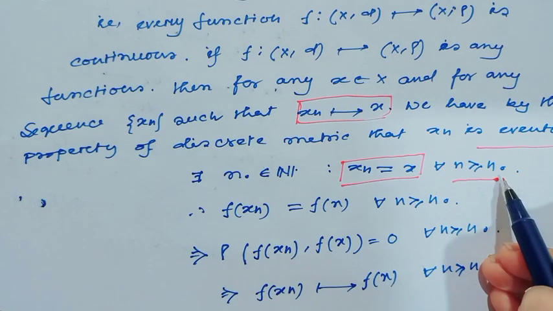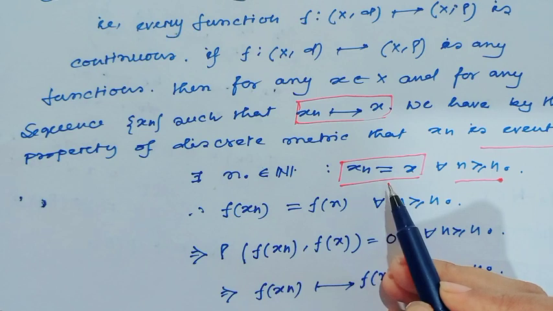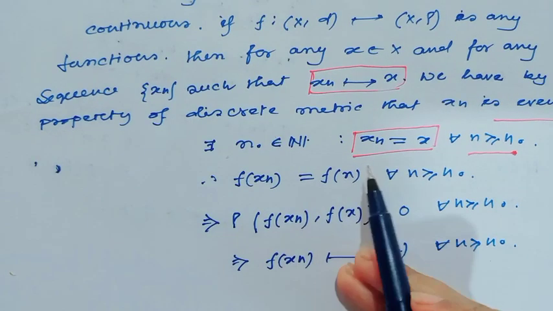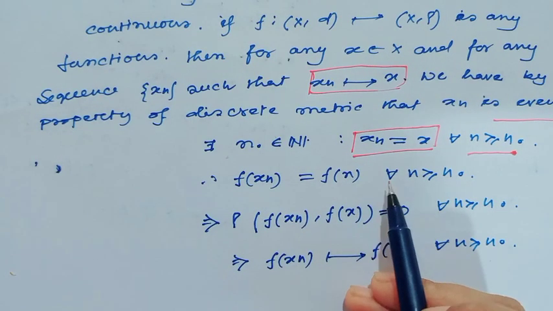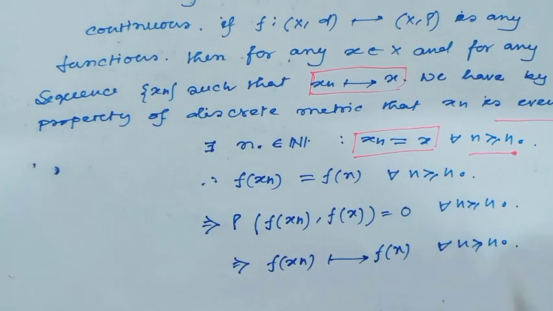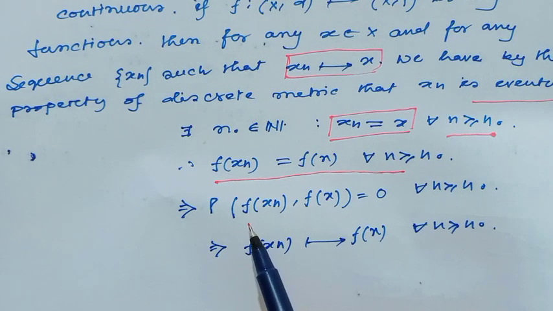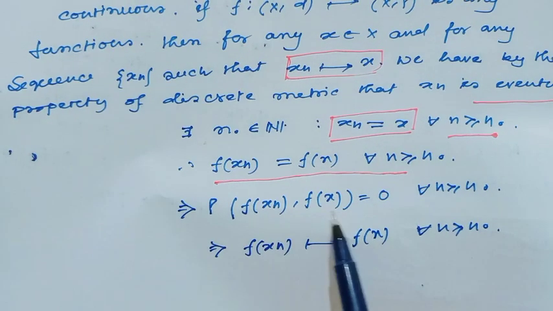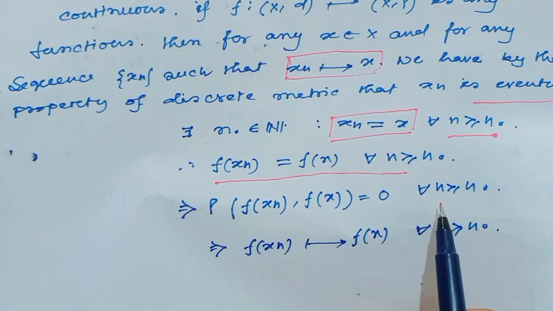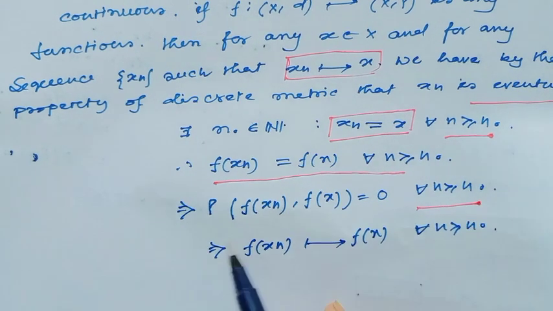From this expression we can write f of xn equals f of x, also true for all n greater than or equal to n naught. And from this we can write rho of f of xn comma f of x equals 0 for all n greater than or equal to n naught.